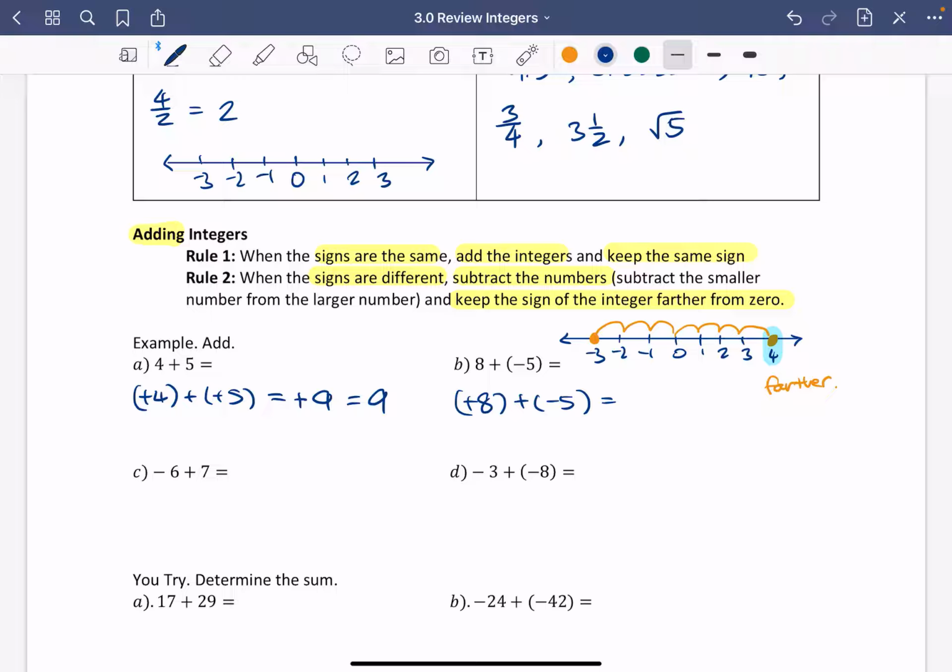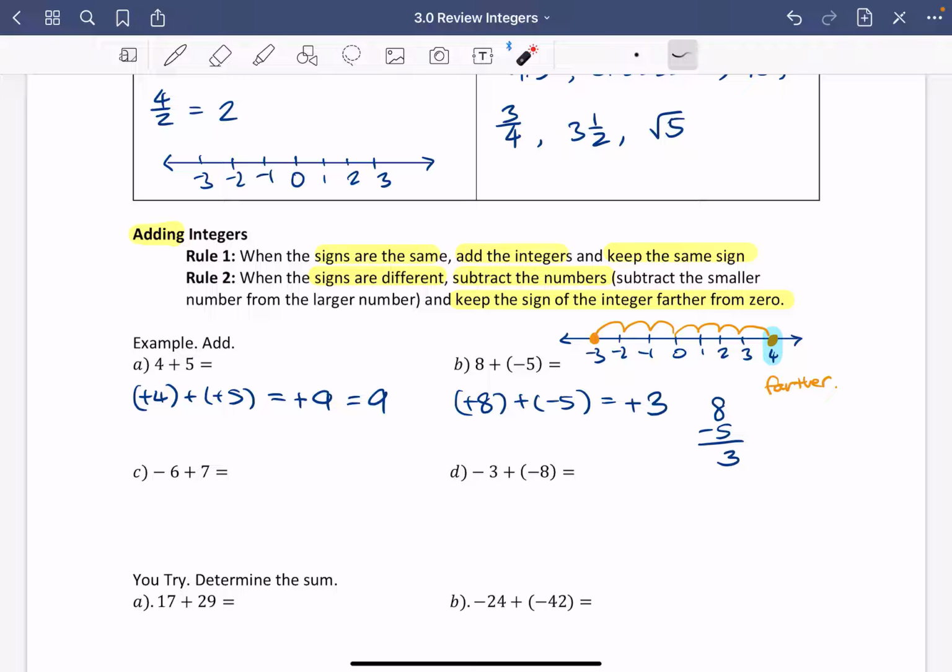So 8 minus 5, and that's equal to 3. So subtract the numbers and then keep the sign of the integer that's further from 0. Which number is further from 0? Positive 8 will be further from 0. So the answer will be positive 3. We're going to keep the sign of the positive 8.